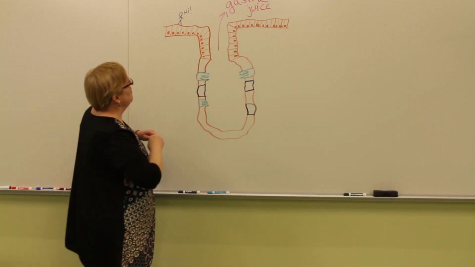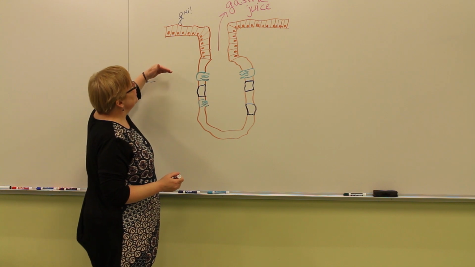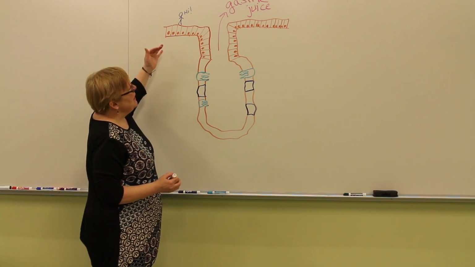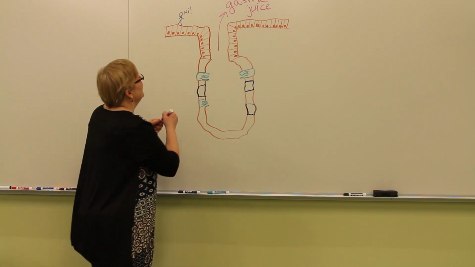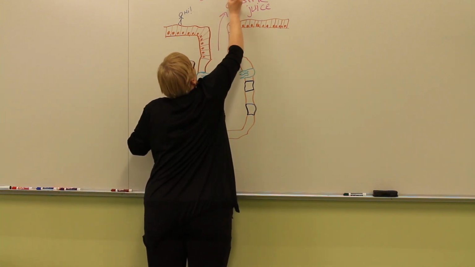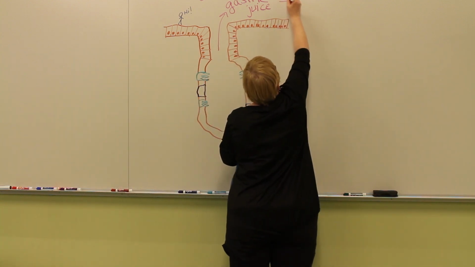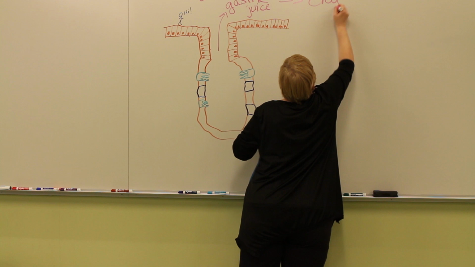Okay, so if we were thinking of food material coming in to the stomach that would be delivered through the esophagus, that bolus that we produced in the oral cavity, once it mixed with the gastric juice, would become what we call chyme.